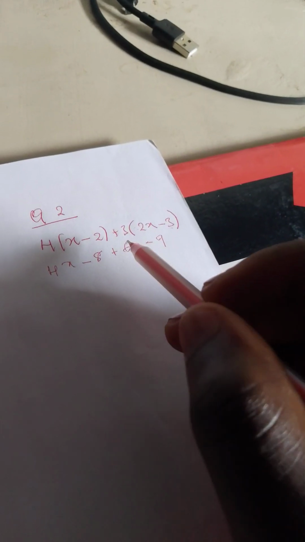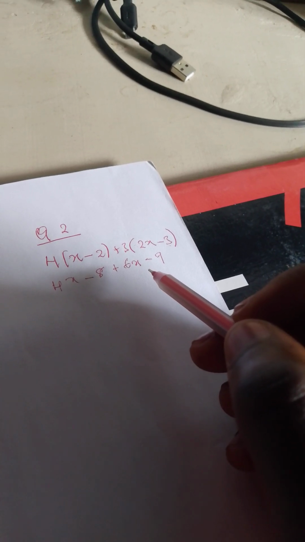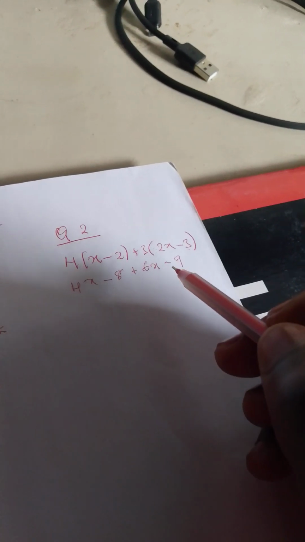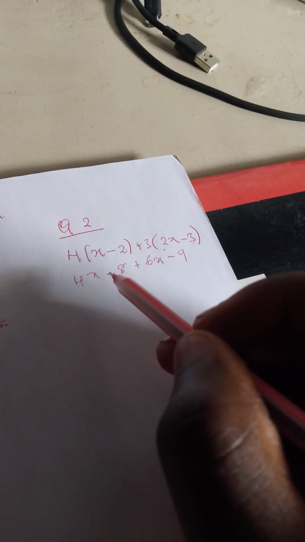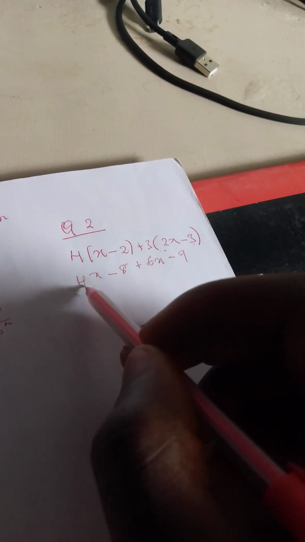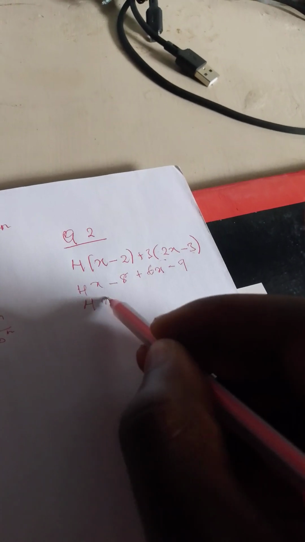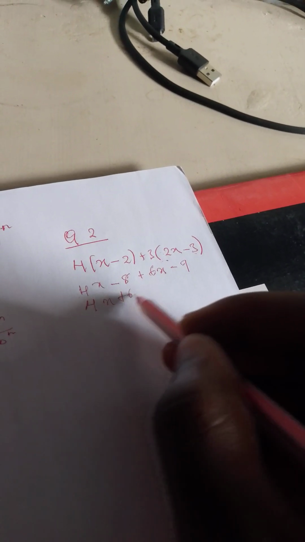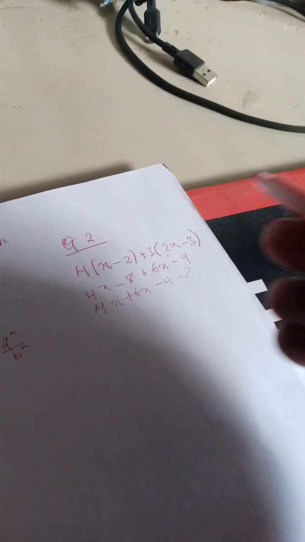Then you check on the like terms and collect them: 4x plus 6x minus 9, then minus 8.